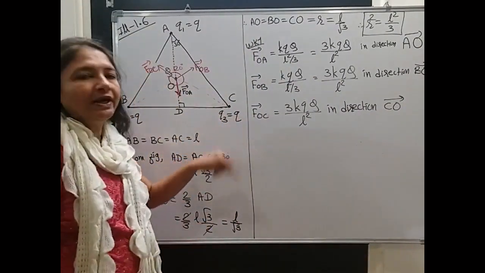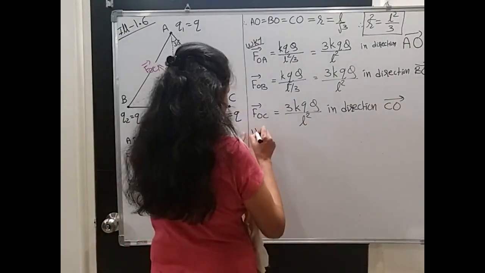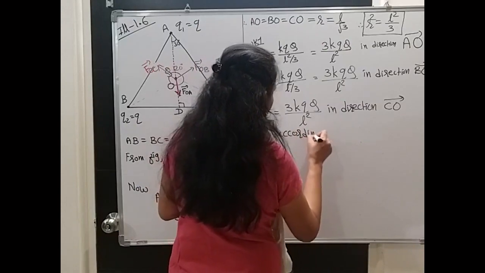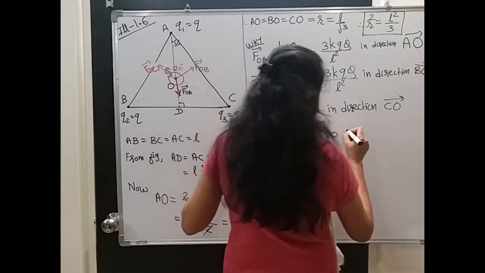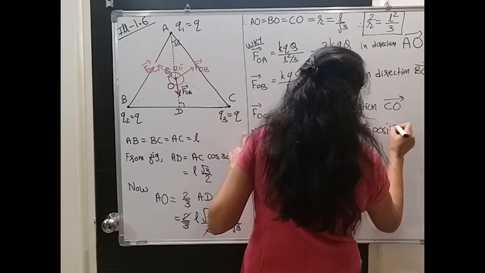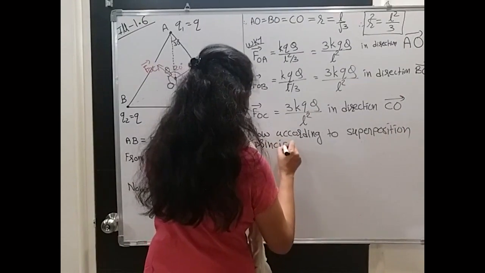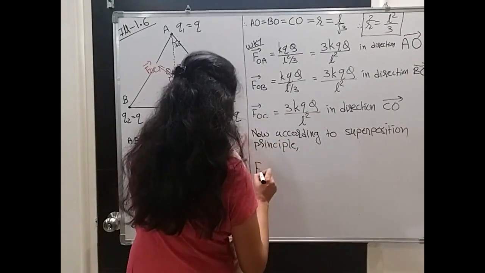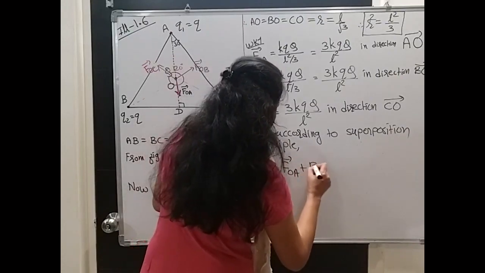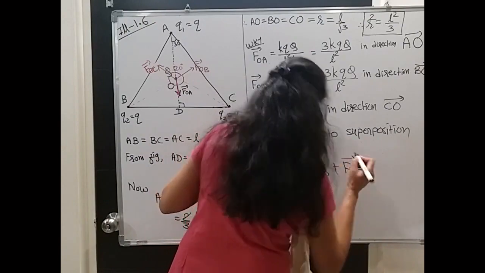Now to find the net force, what should I do? Using the principle of superposition. According to the superposition principle, force on O is equal to FOA plus FOB plus FOC, right?